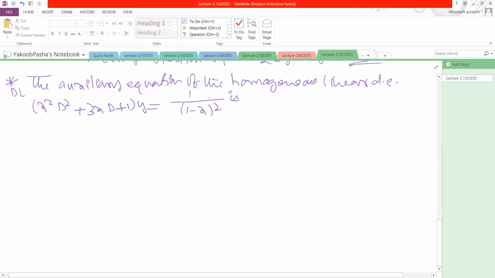You have to find the auxiliary equation. You can observe clearly it is a Cauchy-Euler equation.